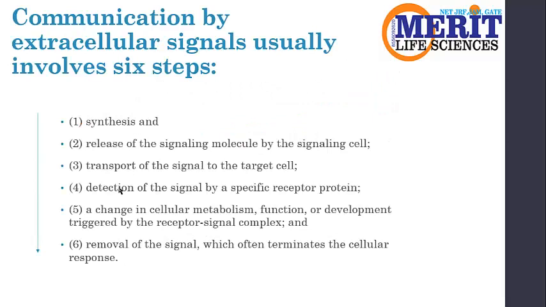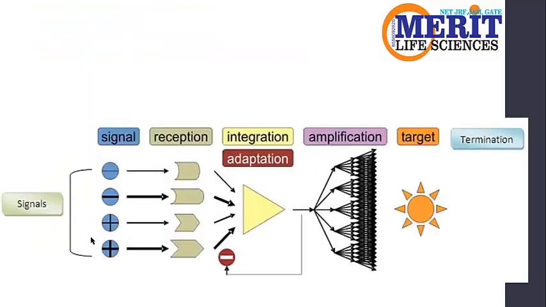So in summary, we can say there must be synthesis of the signal molecule, release of the signaling molecule, transport of the signal, and detection of the signal. There must be change in cellular metabolism, function or development triggered by the receptor-signal complex, and finally there must be the removal of the signal.